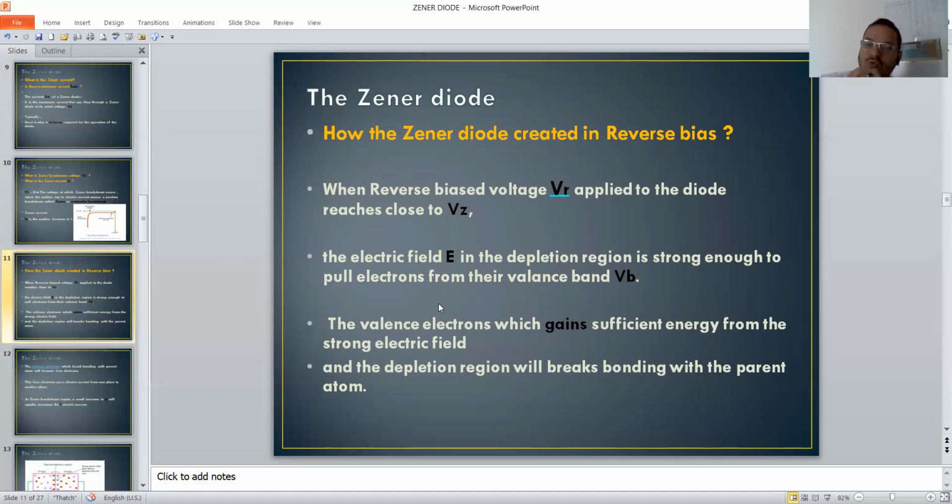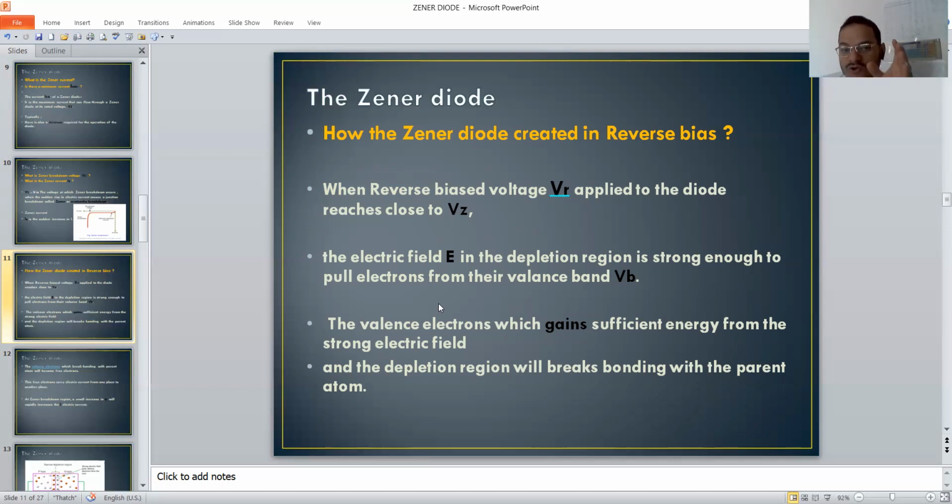The valence electrons gain sufficient, huge energy, enough to skip to the conduction band. With sufficient energy from the strong electric field in the depletion region, they break bonding with the parent atoms. Like we said in the first slides, the depletion region in reverse bias will disappear and allow the current to flow comfortably through it.